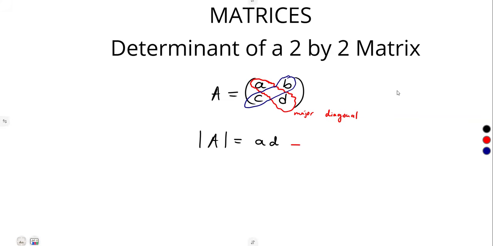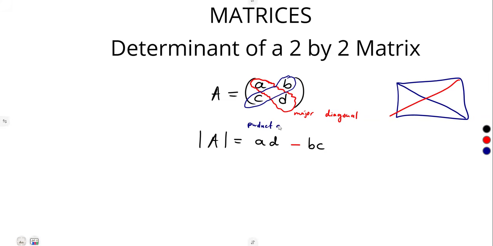Remember, we said it is a rectangular form. So you say this is the major diagonal and this one a minor diagonal. So that is bc. So this is the formula: product of the major diagonal, let me just write here, product of major diagonal minus the product of the minor diagonal.